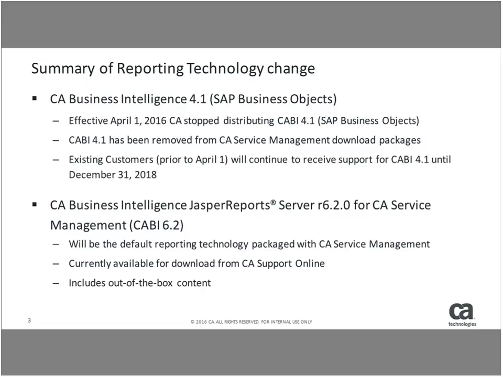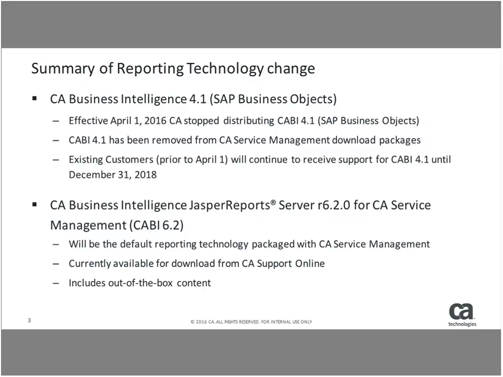For customers who purchased service management solution after April 1st, 2016, the default reporting technology for them would be CABI 6.2, which is based on TIBCO Jaspersoft technology. That technology is going to be our default technology for service management.